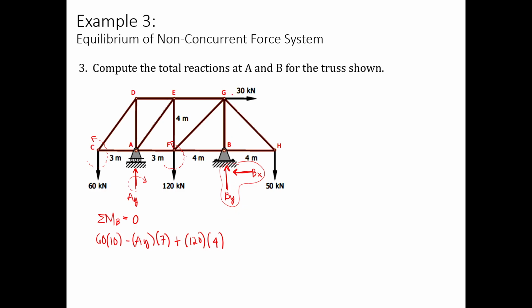This will create a negative moment because it's a clockwise direction, so negative 30, then the distance going towards point G from B is 4. And the last one is a negative moment again, clockwise direction, so minus 50 times 4 equals 0. Notice Ay is the only unknown.